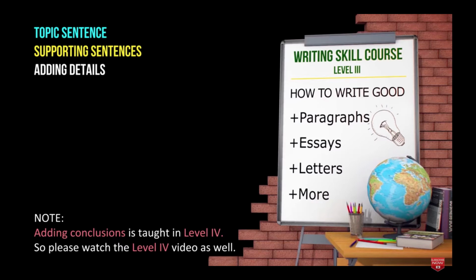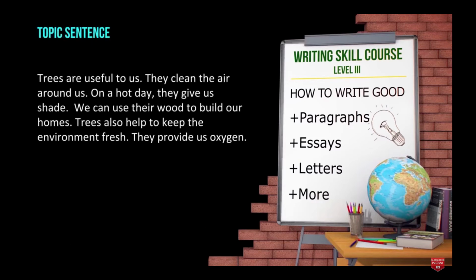Look at this simple paragraph. Read it aloud. Now look again at the first sentence. It says, trees are useful to us. This is called the topic sentence of the paragraph. The rest of the sentences in the paragraph must support or agree with this topic sentence.